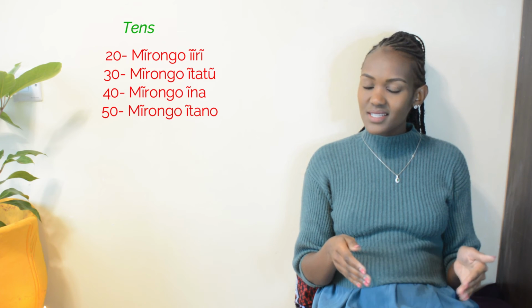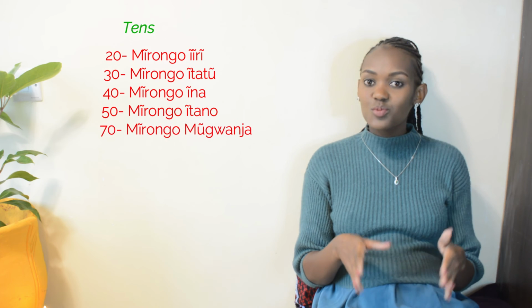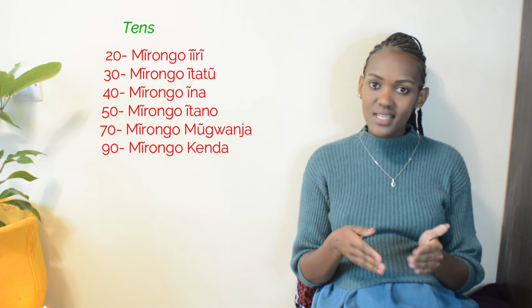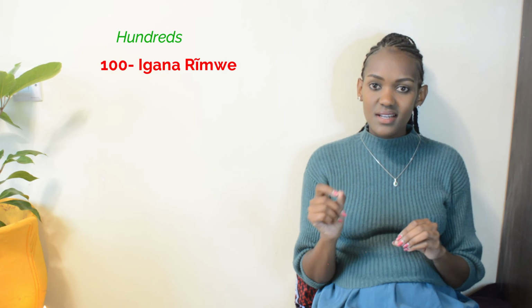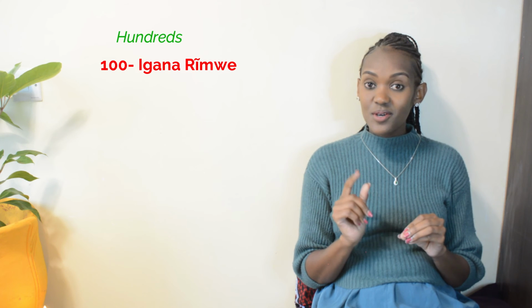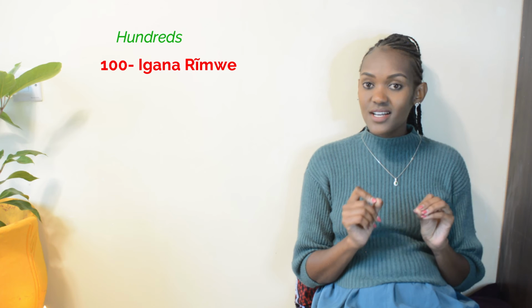What about 70 and 90? Yeah, exactly. It will be mirogo mugwanja and mirogo kenda, because we said those 2 will not change. But when it comes to hundreds, for 100 we say igana, but it will be igana remwe, because igana is in the same category as fruits.